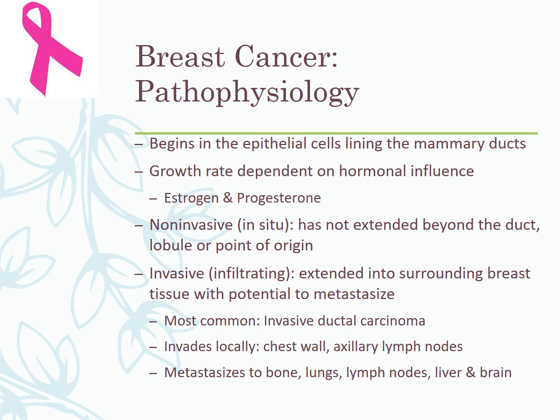This has not extended beyond the duct and lobule or the point of origin. Invasive or infiltrating is extended into the surrounding breast tissue with potential to metastasize. Most common is invasive ductal carcinoma. That invades locally the chest wall and the axillary lymph nodes, metastasizes to the bone, lungs, lymph nodes, liver, and the brain.